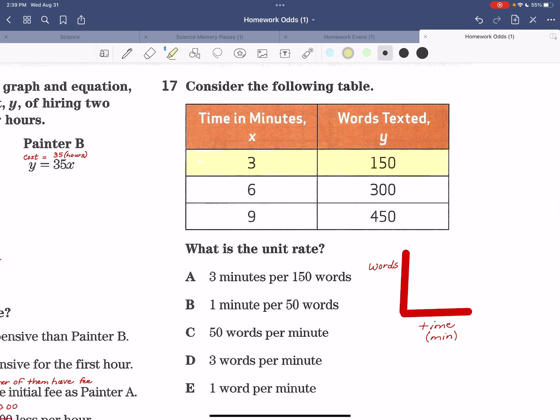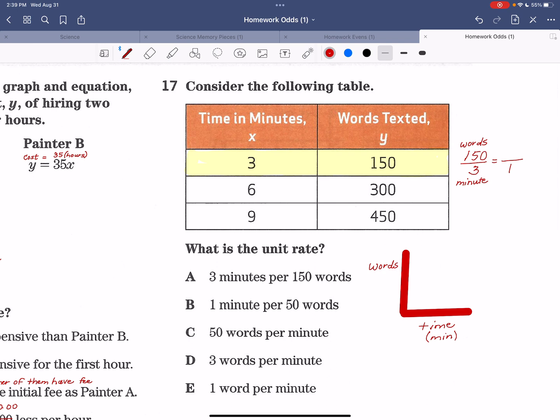We have 150 words, not per minute. That's for 3 minutes. So if we break this down to 1 minute, remember words is on the y-axis, rise over run. How many words in 1 minute?